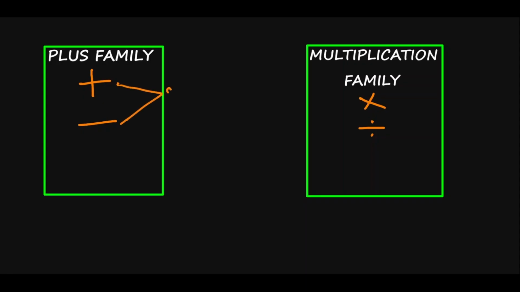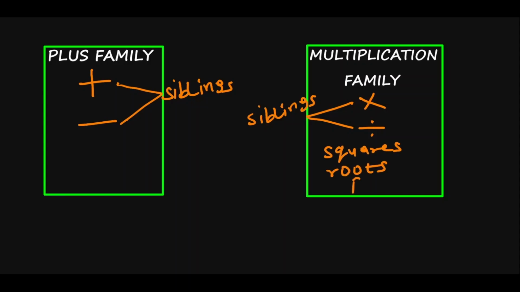These plus and minus are siblings. Remember that. The multiplication family has multiplication and division, and they are also siblings. There are other members of the multiplication family, such as squares, roots, and powers.